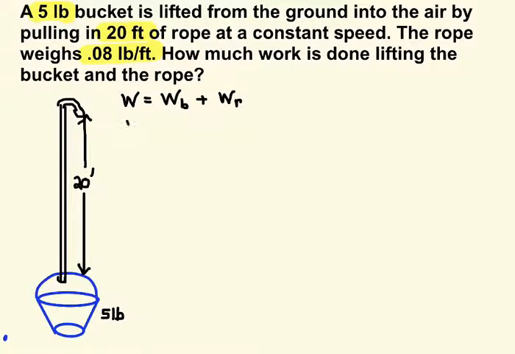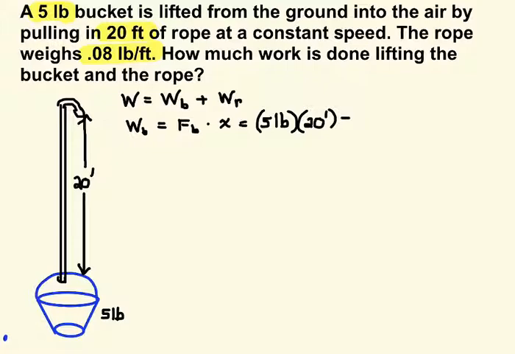The work done to lift the bucket, well, the force is constant. It's equal to the force of the bucket multiplied by the distance that we'll pull it. The force of the bucket is 5 pounds, and the amount that we lift the bucket is 20 feet.